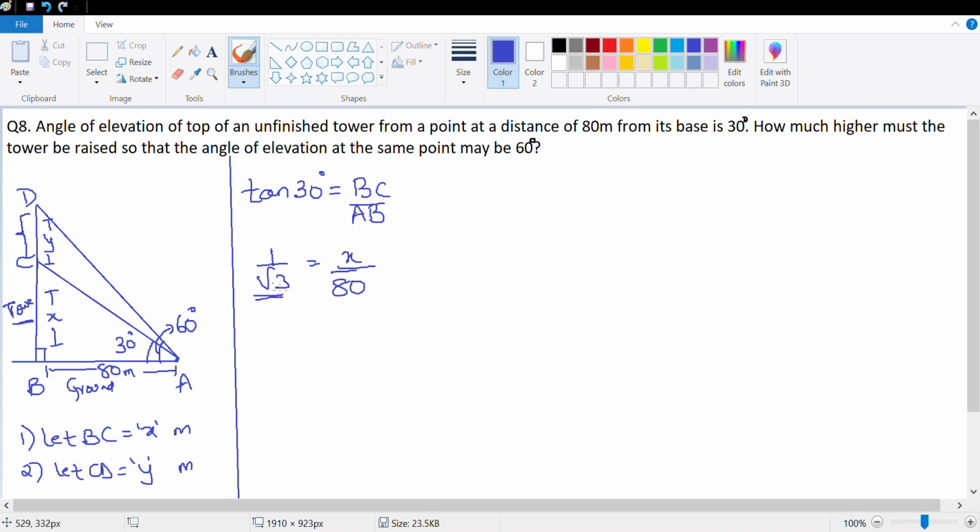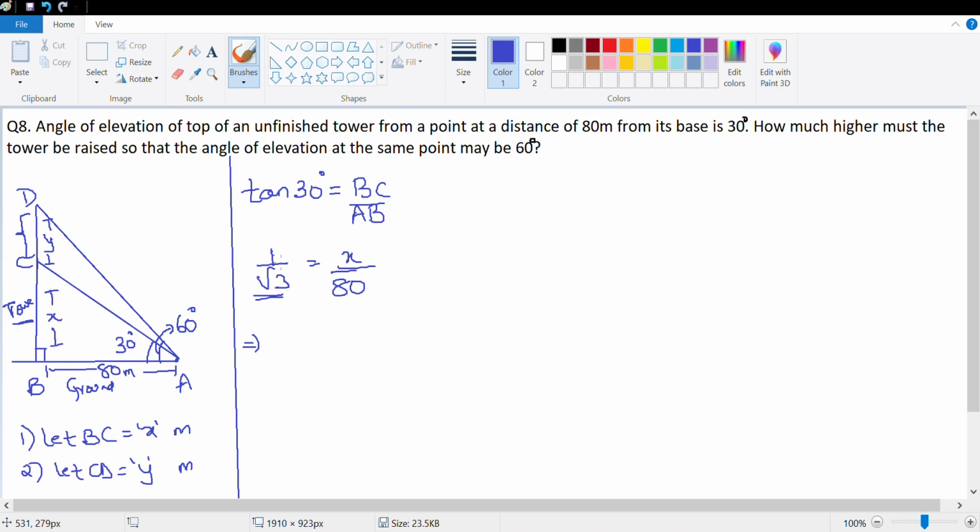Otherwise I would get into 80 divided by 1 upon root 3, so it makes more sense to take the value of tan 30 from the logbook.